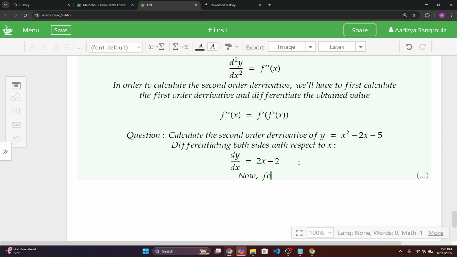Now, differentiating again, d squared y over dx squared. This is just the notation for second order derivative. That's 2, right? So the second order derivative is 2.